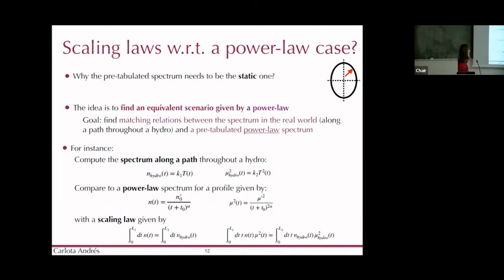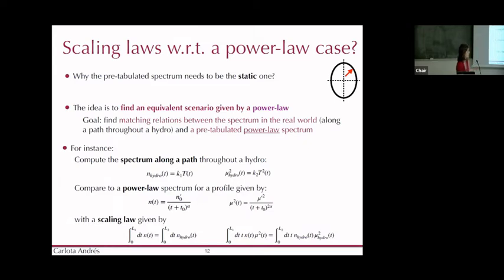So our idea is, okay, we always pre-tabulate the static one, but why the static one? We can try to find an equivalent scenario that is not static, but is given by, for instance, a power law. And why a power law? Just because it's something simple that doesn't depend on many parameters. So we don't have to pre-tabulate for many different parameters. This is just a try. Let's see how it works.